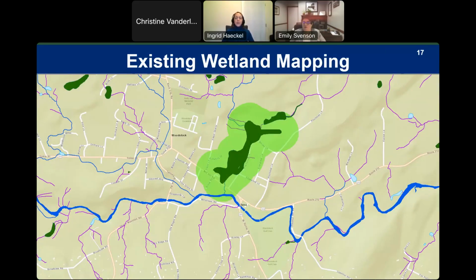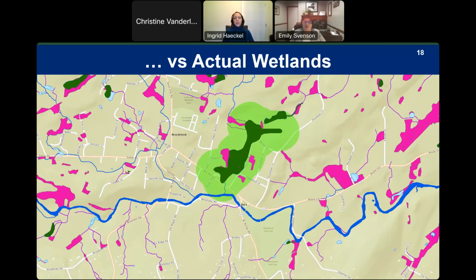There are also a handful of other small wetlands shown in dark green here that are picked up by the National Wetland Inventory mapping. However, in reality, there are numerous other small wetlands present. These are shown in pink that are picked up by the local Woodstock habitat map. And in particular, we know that smaller, drier wetlands are frequently missed in the National Wetland Inventory database, as well as our state wetland maps.